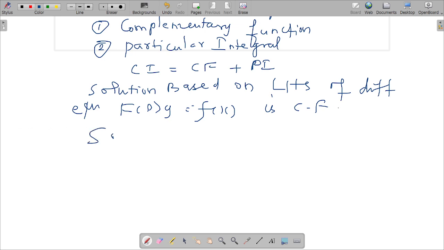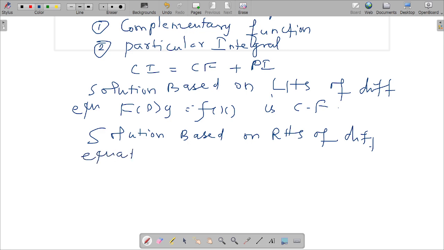The solution based on the right hand side of the differential equation f of D y equal to f of x is the particular integral.